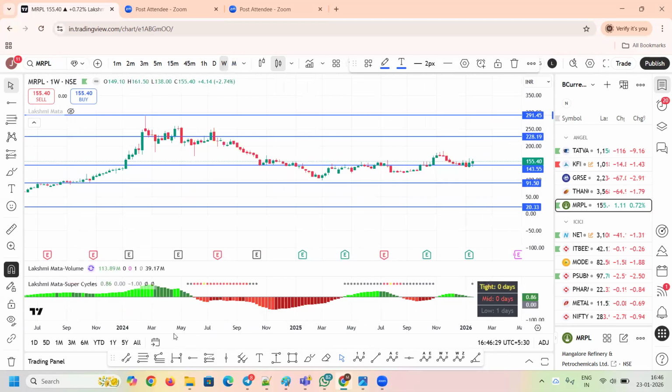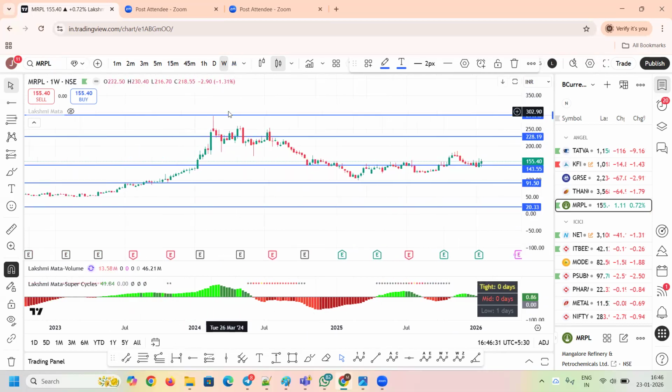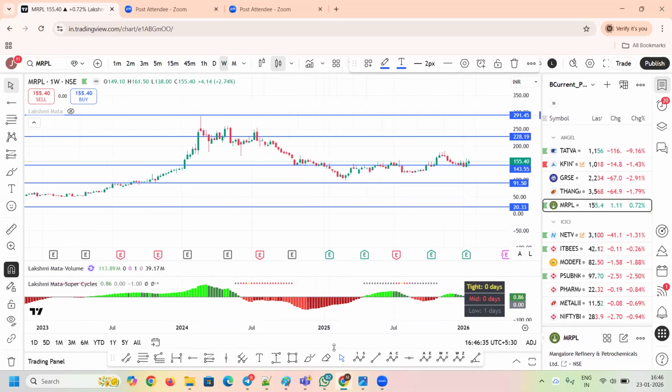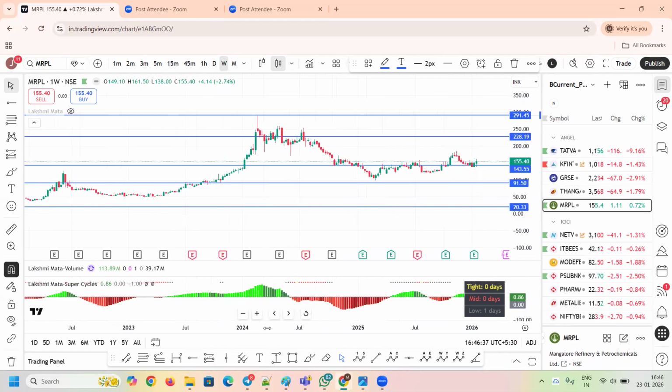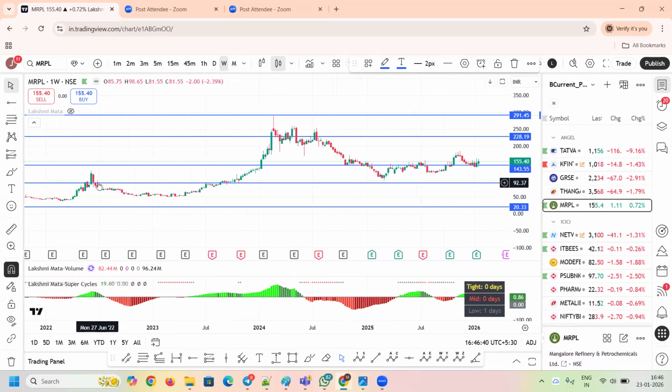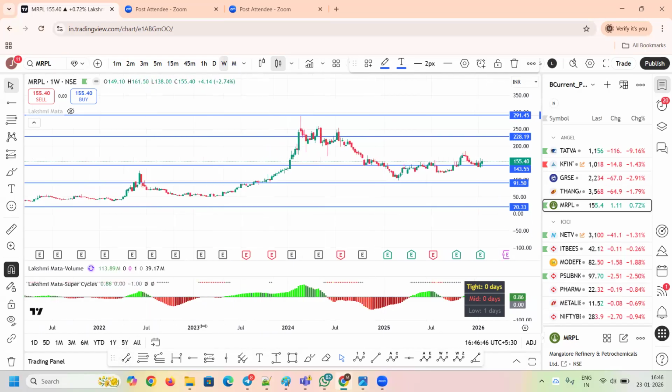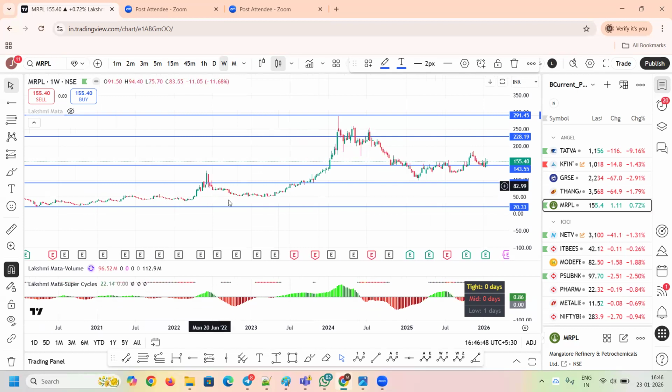Whatever we thought, the same points, it will struggle in the weekly chart. If you see the weekly chart, this first line is called support. The stock was in this box sideways only. Once it crosses this box, it will have the chance to move to the next resistance.